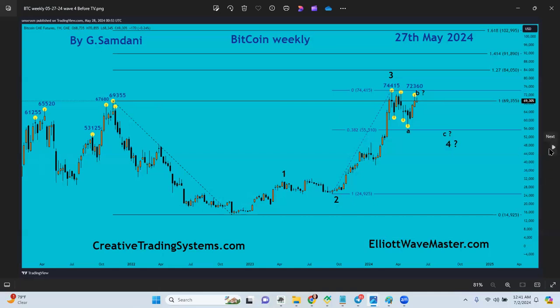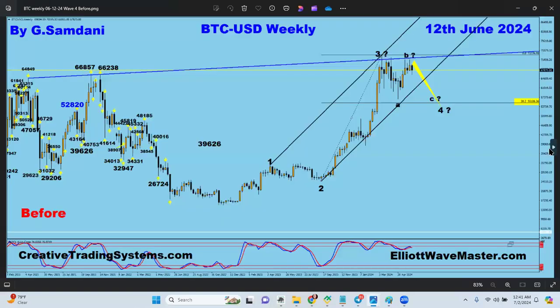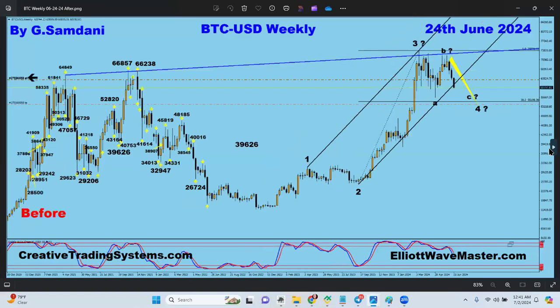What happened to this chart is it started to come down slowly, nicely coming down up until 24th June. Now it's somewhere here, it got stopped. When I saw it stopping here, I looked at some other people, and some are talking about a different version.